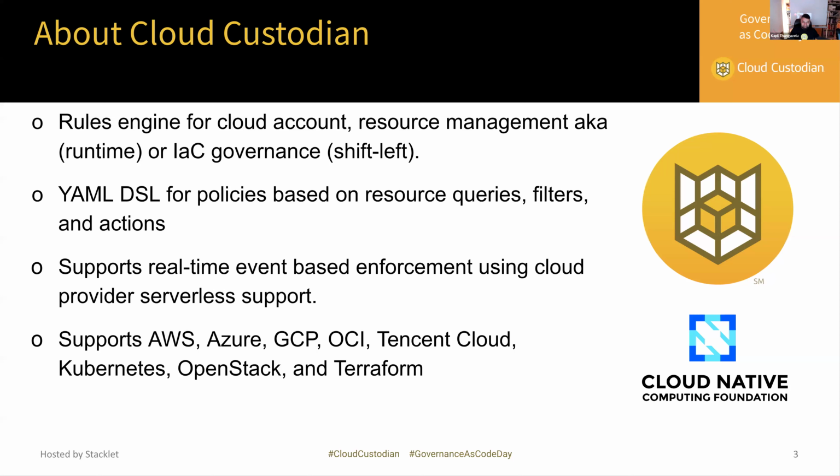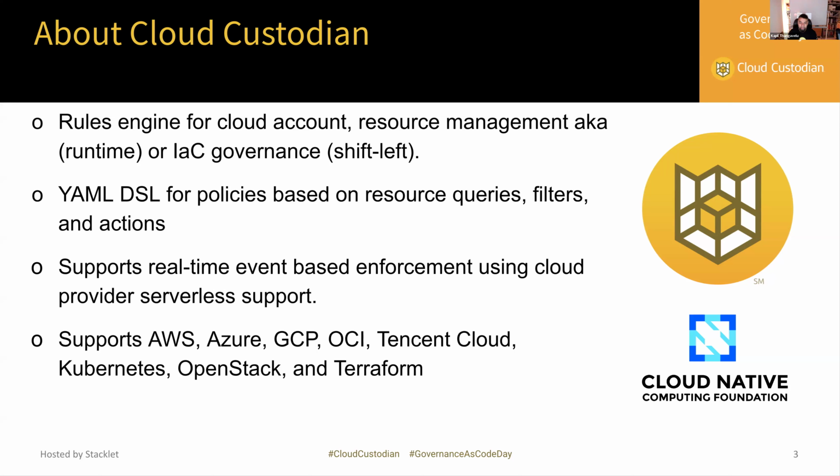What is Cloud Custodian? I know that for this audience this might be a little remedial, but I want to go over it quickly because we can do so many things with Custodian. The core of it is a rules engine for filtering resources and taking action on them, using a YAML DSL. We can apply that in an event-based mode, as things are happening in real time.